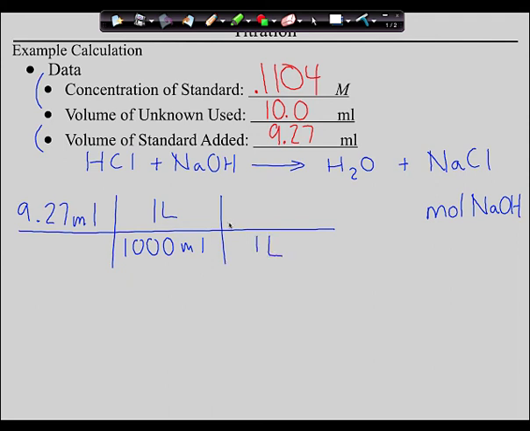So 1 liter is 0.1104 moles of NaOH. So now, guys, we do the math. And I know you know how to do this math, but trust me, there's something else you need to learn. Do the math. Grab your calculators. 9.27 divided by 1,000 times 0.1104.